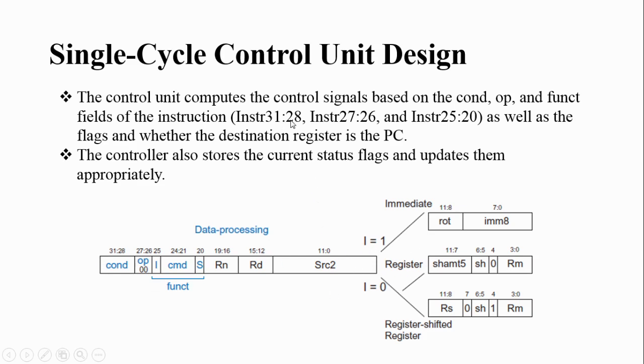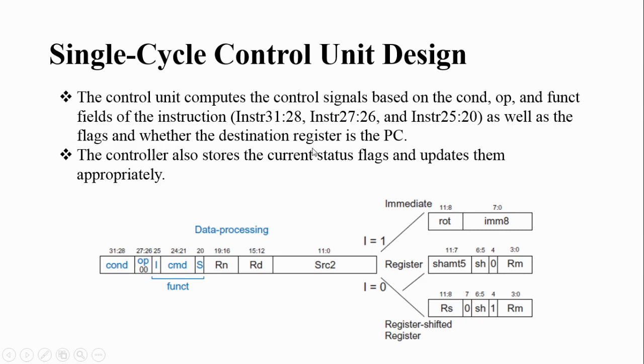So bit number 28 to 31 is the condition field. Bit number 26 to 27 is the opcode field. And bit number 20 to 25 is the function field. Based on all these fields, the control unit computes the control signals. In addition to that, it also sets the flags.